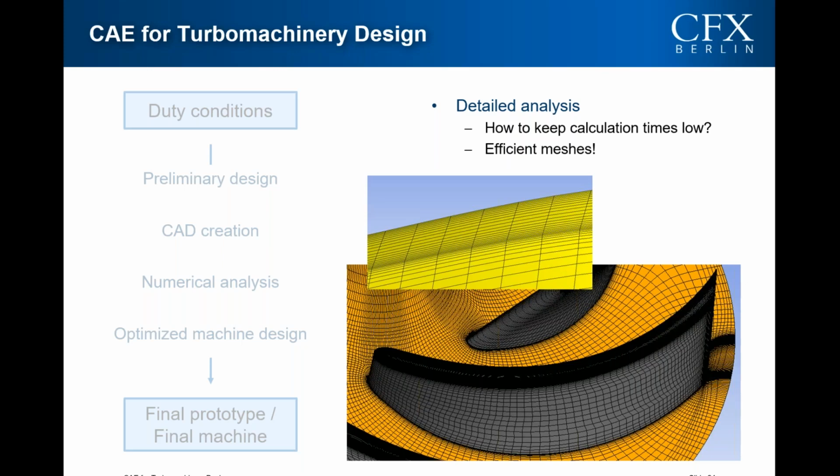This is especially true in small gaps, as the blade tip shown here. So this is how TurboGrid handles this blade tip.